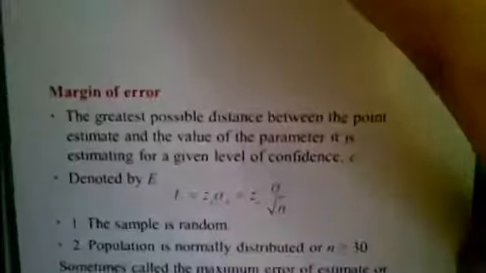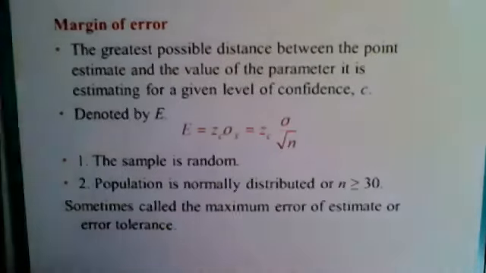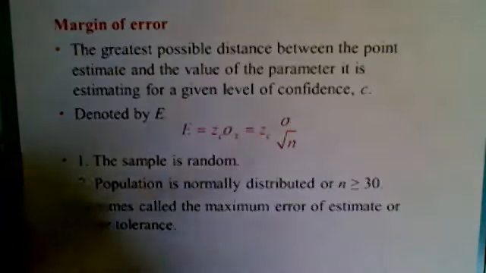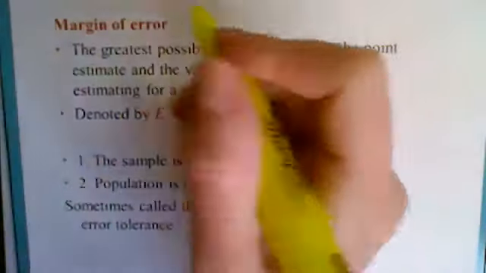So margin of error. Okay, so margin of error is going to be the greatest possible distance between the point estimate and the value of the parameter that is estimating for the given level of confidence.